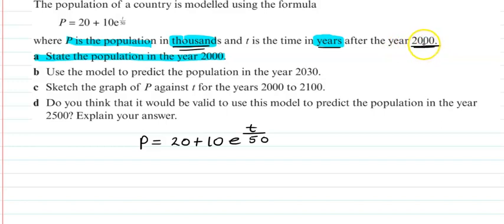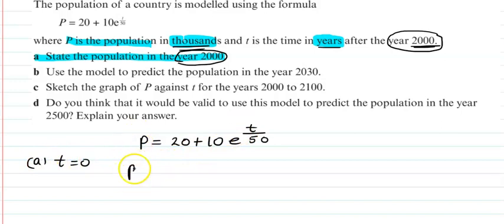Which year are they talking about? 2000. They are asking for the population in the year 2000, the year they are starting. So at that time t will be 0, because you have not crossed even one year. So for part A, you need to put t equal to 0 in the equation.